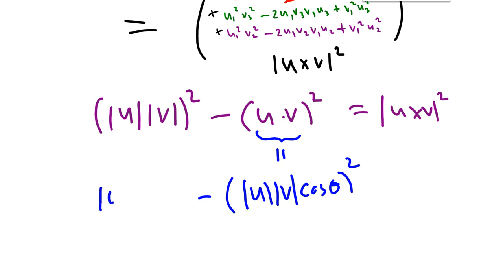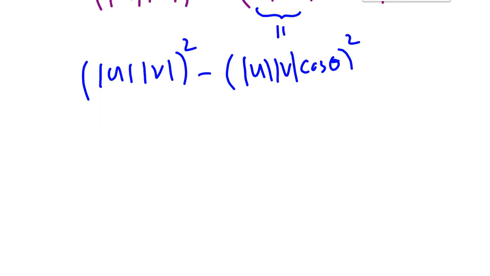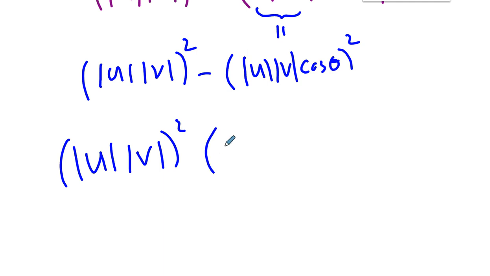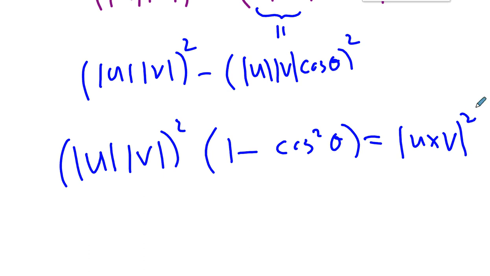And then you start to see something really pretty here on the left-hand side. This common factor. We can take out norm u, norm v, quantity squared, and be left with 1 minus cosine theta, cosine squared. And this is equal to the norm of u cross v squared.